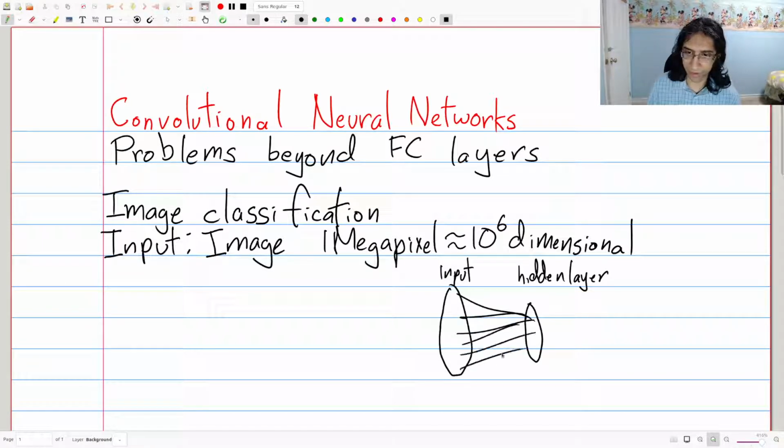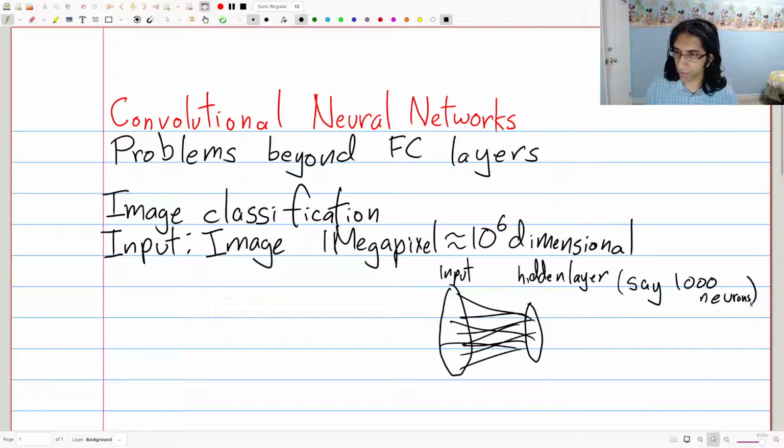How big would this hidden layer be? If we have such a high dimensional input, it wouldn't be out of line to have a hidden layer of, say, 1,000 neurons.